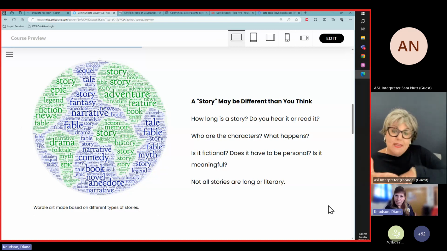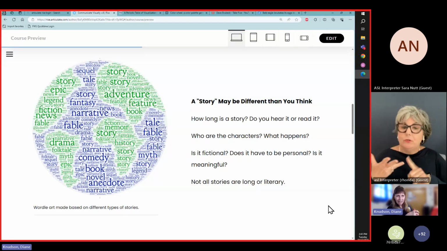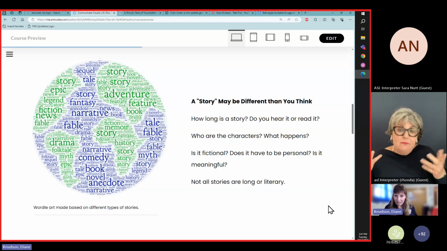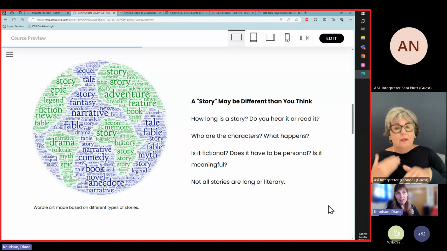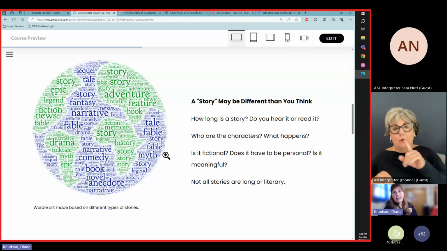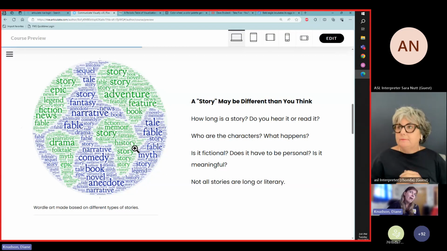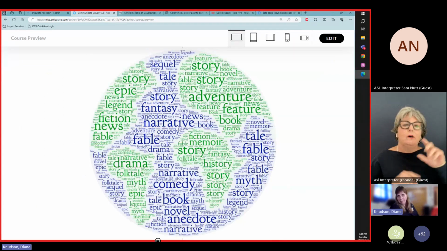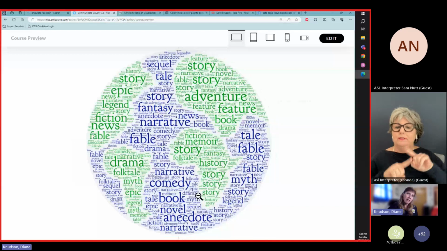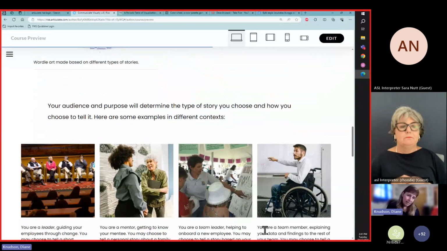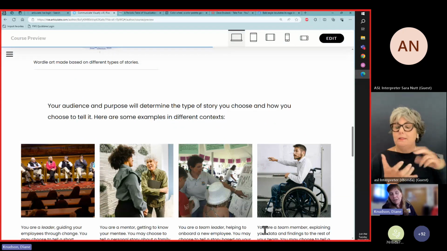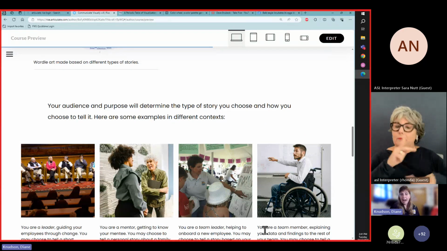Does it have characters? What happens in it? Is it fictional? Is it real? Is it personal? Not all stories are long or literary. And this is actually a Wordle piece of art that's created with some different types of stories.